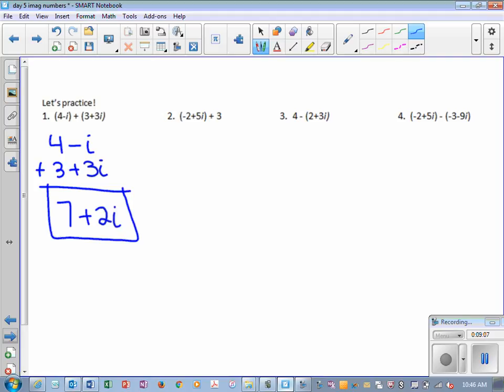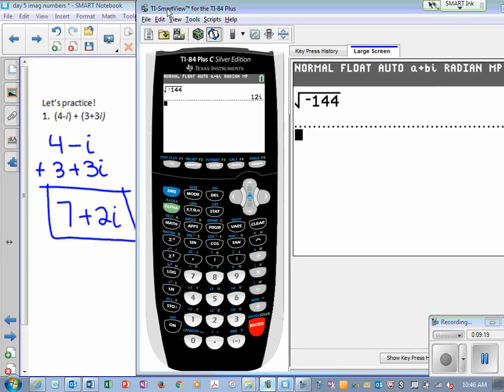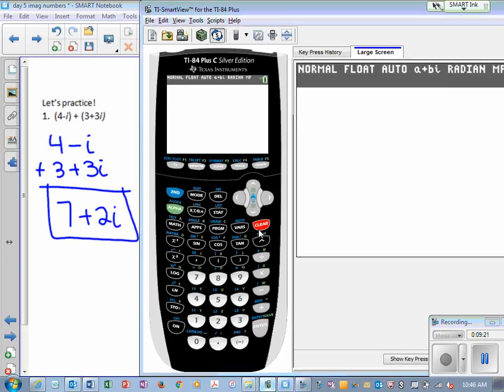Remember how I told you that you could do all i's on the calculator? Let me show you. Go to your calculators. Put this in exactly the way you see it. An i is second decimal, okay?